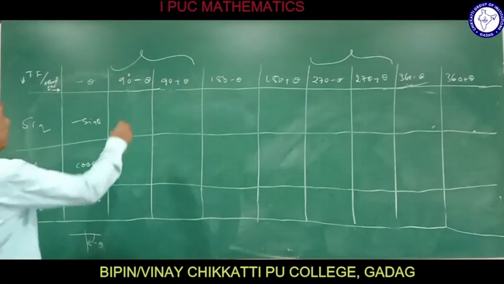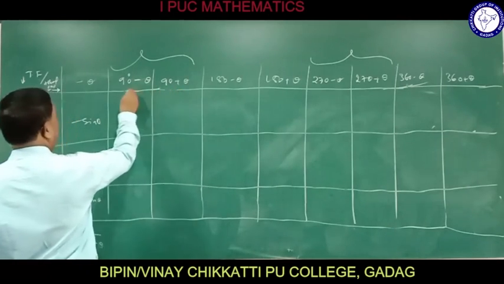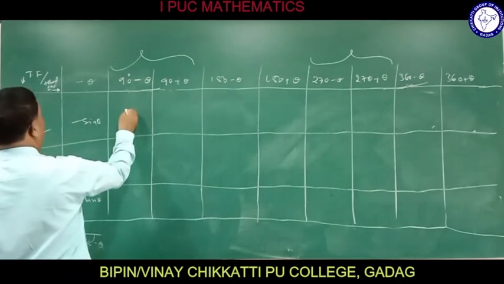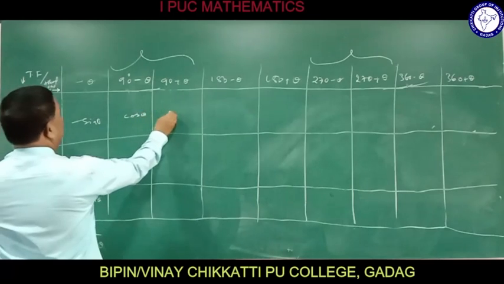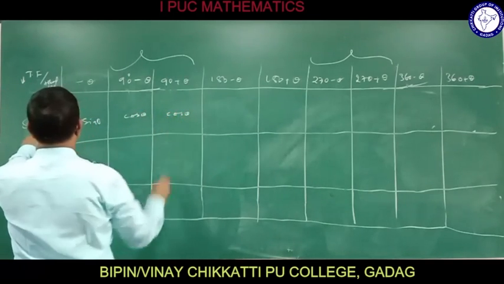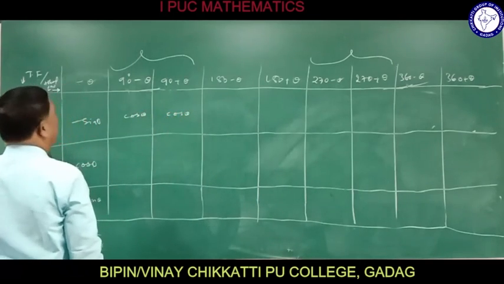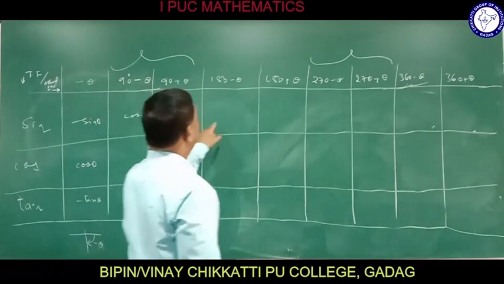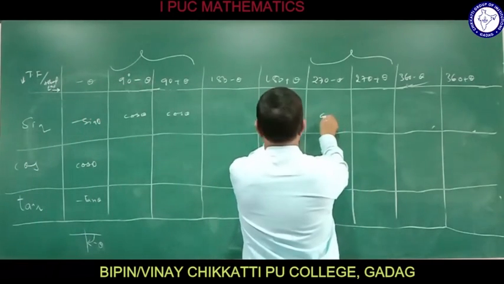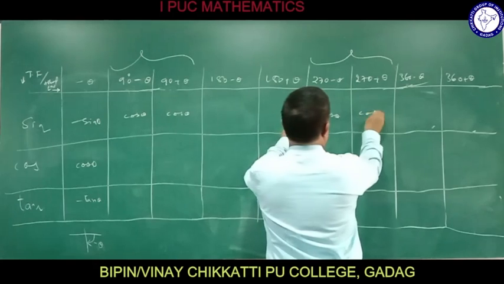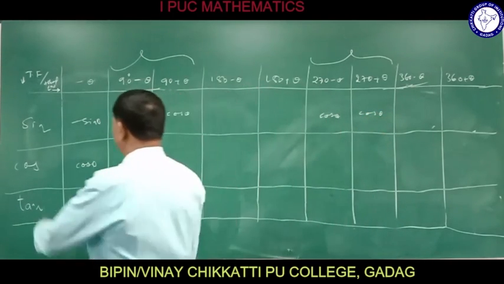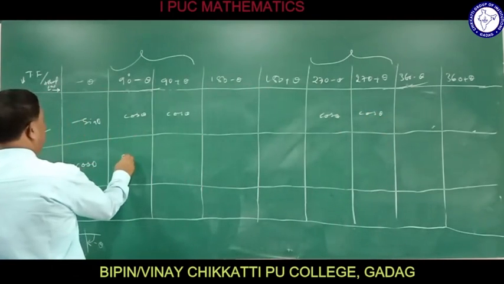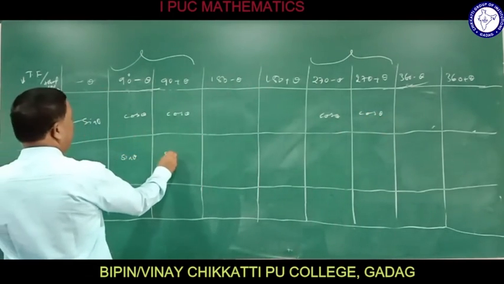Now you have to see that for 90 and 270, the trigonometric functions are changing. Sine becomes cos theta, here cos theta, and here also cos theta. And when cos theta is there, it changes to sin theta, sin theta.